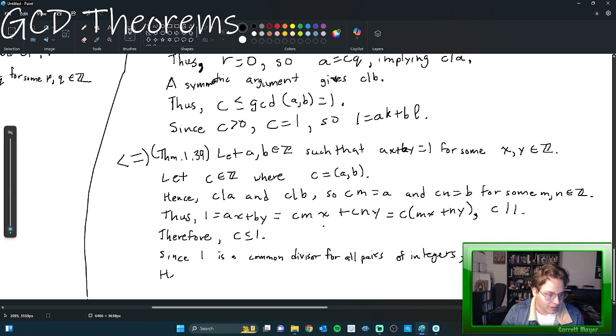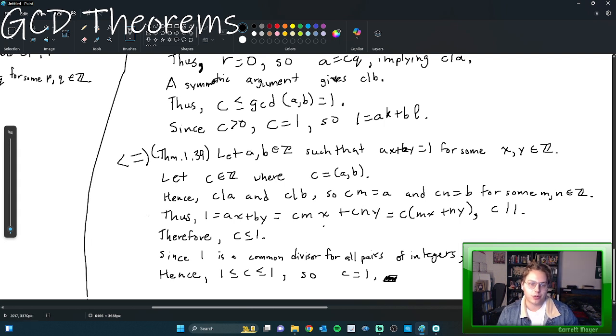Hence, 1 is less than or equal to C is less than or equal to 1. I feel like this is the most clear way of drawing out what exactly this means. So what integer is less than or equal to 1 and greater than or equal to 1? There's only one integer like that, and that integer is 1. So C equals 1. And that proves that second conditional, and then because it proves both directions, the biconditional, it proves the overall theorem. And the reason this proves it is that, remember, we defined C as the GCD of A and B up there.